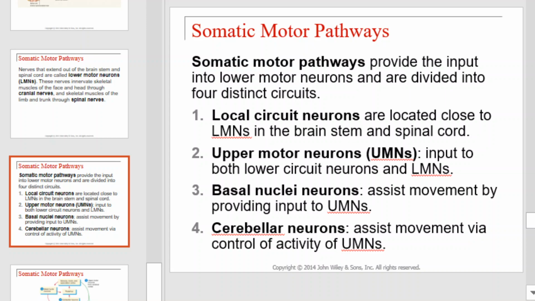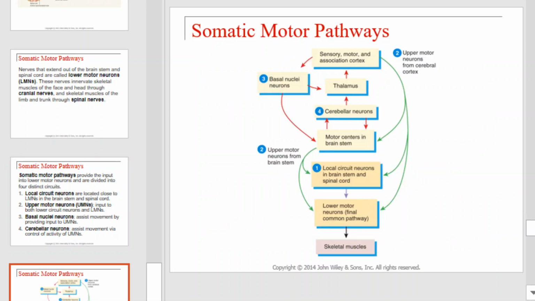Basal nuclei neurons assist the movement by providing input to the upper motor neurons. And last, the cerebellar neurons assist movement by controlling the activity of the upper motor neurons. Each of those motor pathways is illustrated here.